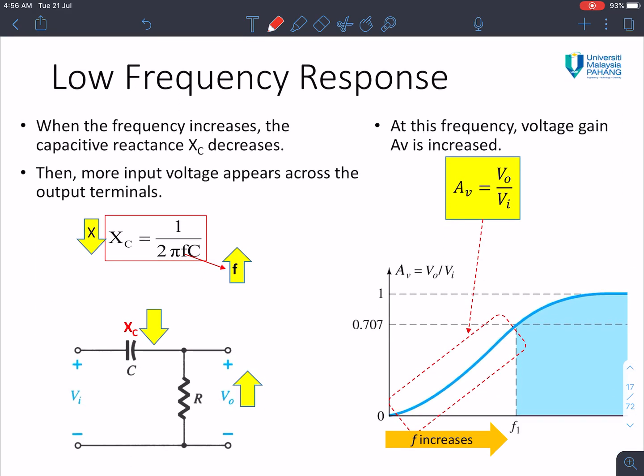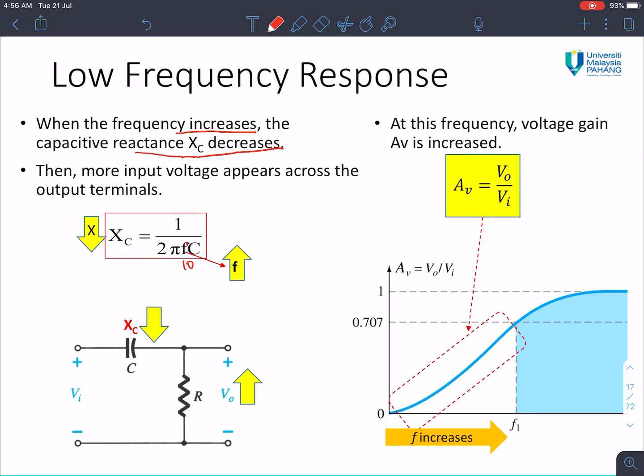Next, when the frequency increases a little bit, the capacitive reactance XC decreases. This is because using this equation, we have some value here. Let's say I put F equal to 10, and when we calculate, its value depends on F and C. So if the frequency increases, the reactance will decrease.